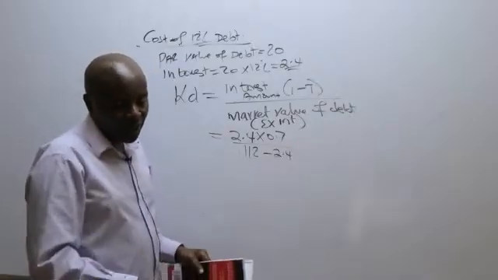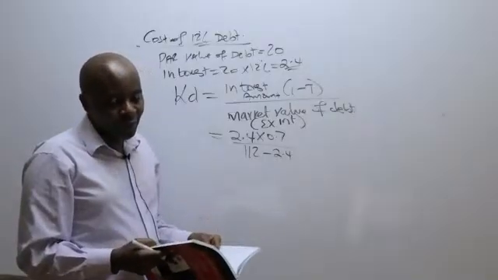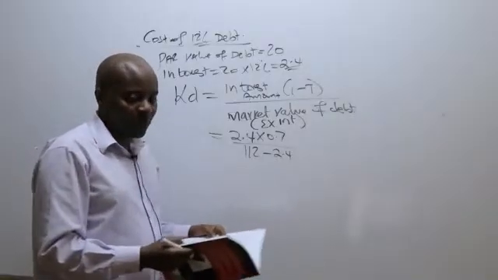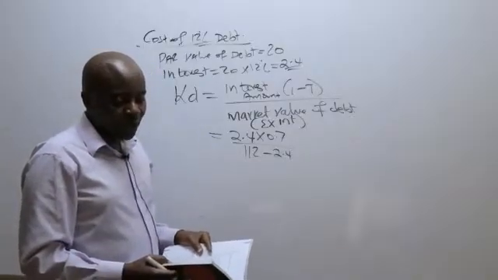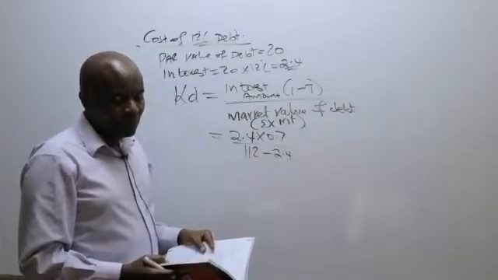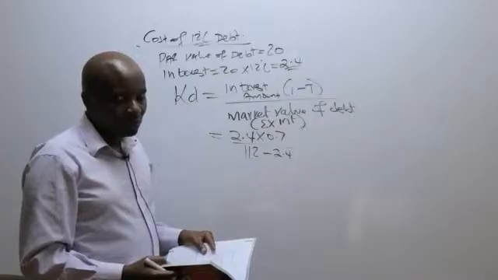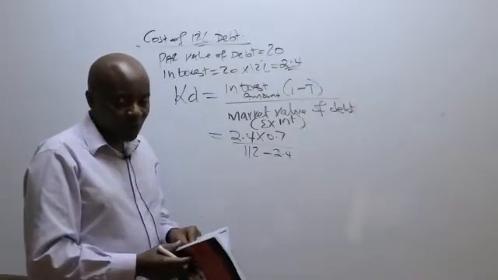Kindly give me the answer here. Whatever you get times 100, change it to percentage. Tell me what you are able to get. Who can give me this final answer, ladies and gentlemen, so that I can move very fast?